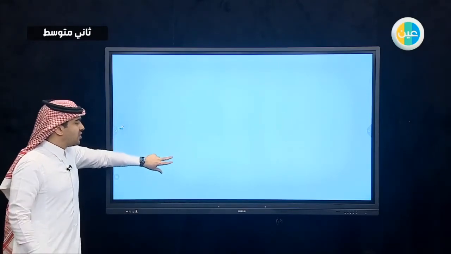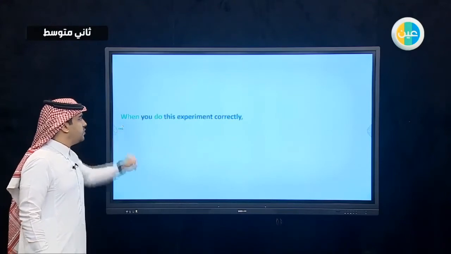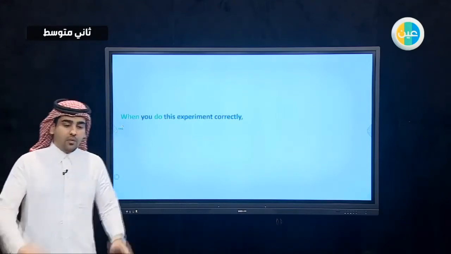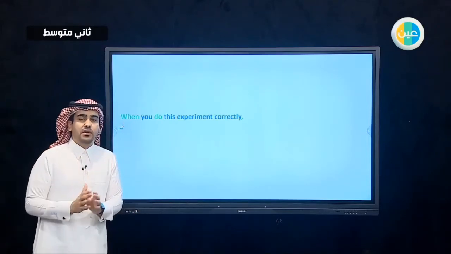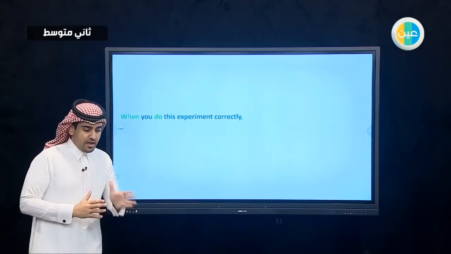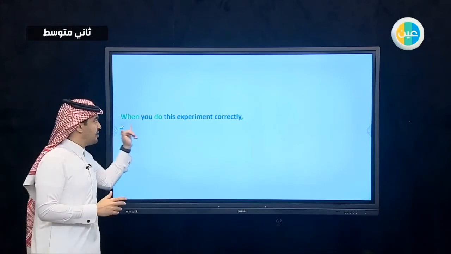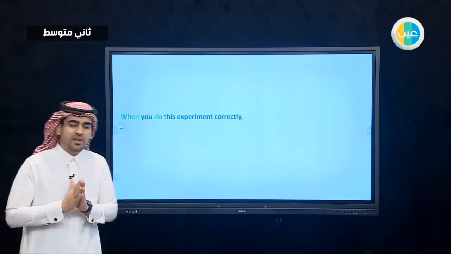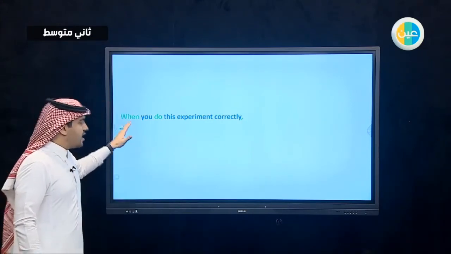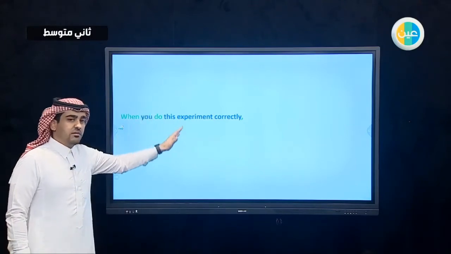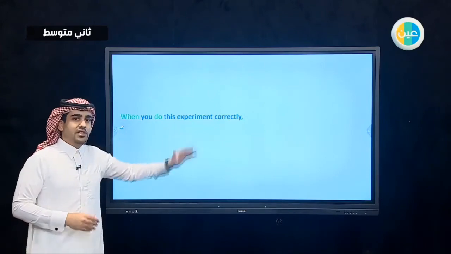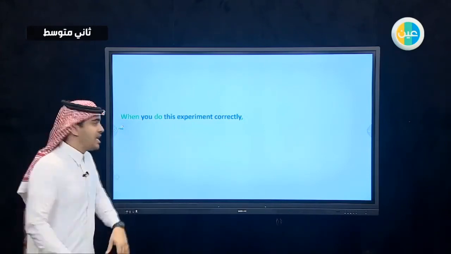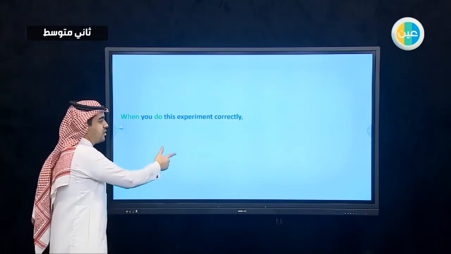Okay, so there's also one thing using when. You can replace if with when and you have the same meaning. إذا ممكن تستخدم كلمة when ويكون لديك نفس المعنى بالضبط، لا يتغير شيء. إذا قمت بهذه التجربة بالشكل الصحيح، انظر إلى الفرق الآن. عندما تقوم بهذه التجربة بالشكل الصحيح لها نفس المعنى، أليس كذلك؟ So we have the main clause.